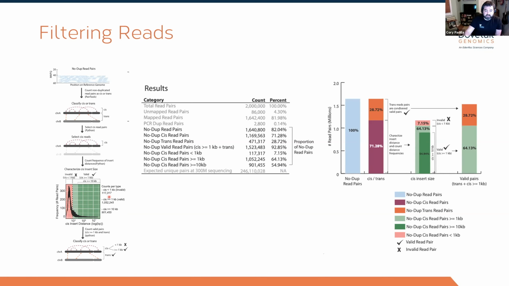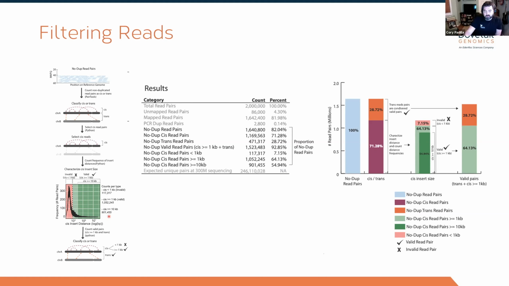How many reads occur that are greater than 1 KB in this bucket here? And as you can see, as you get farther and farther out, the count seems to be dropping, but the sum of that count is actually quite large, right? So the total number of counts here in this invalid space is only about 115,000 read pairs, whereas in the tail of this curve, over 1 million of our read pairs are greater than 1 KB.